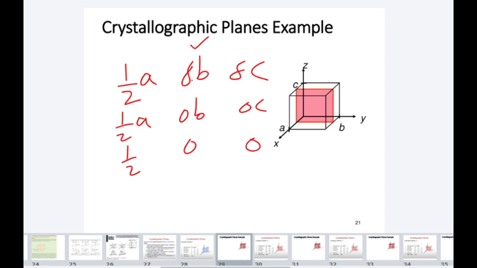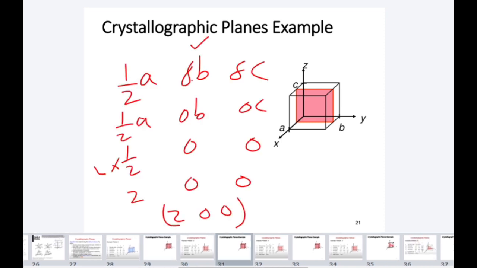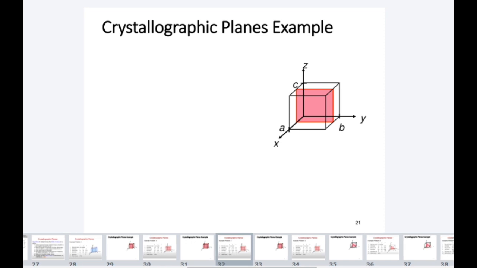And finally, if we want to get rid of the fraction, we multiply by 2, so 2, 0, 0, and finally we enclose 2, 0, 0 in the bracket. Is it clear? Here is the solution for this one. Look into the solution. It intercepts the first one, the relocation of the origin, we don't need.